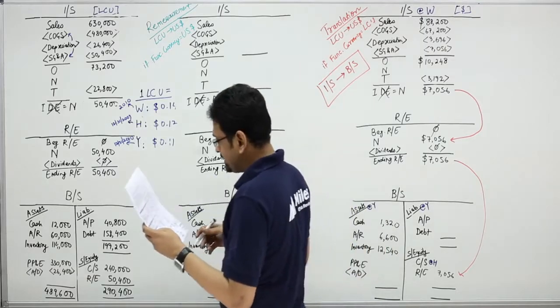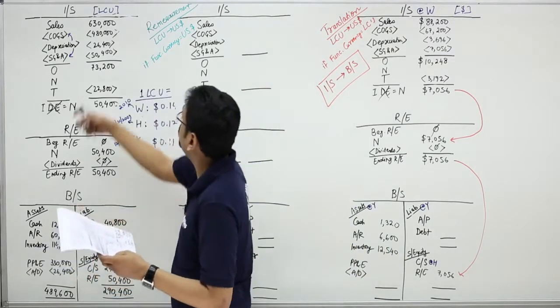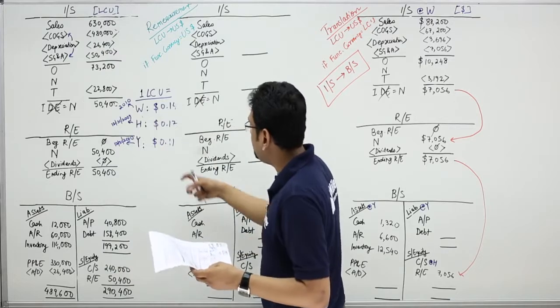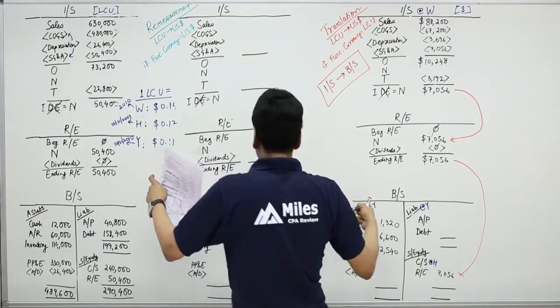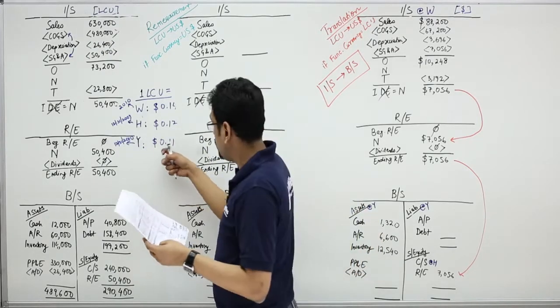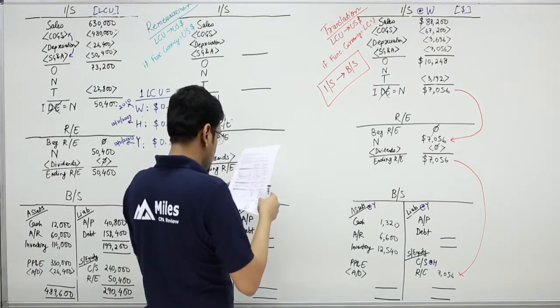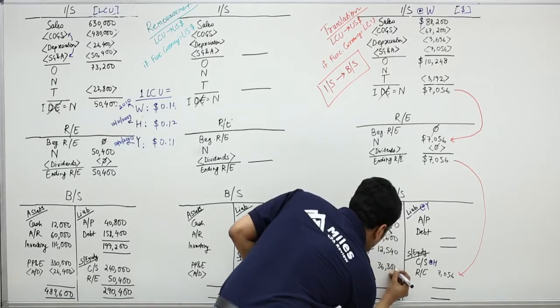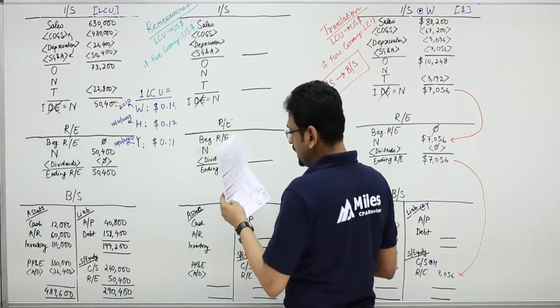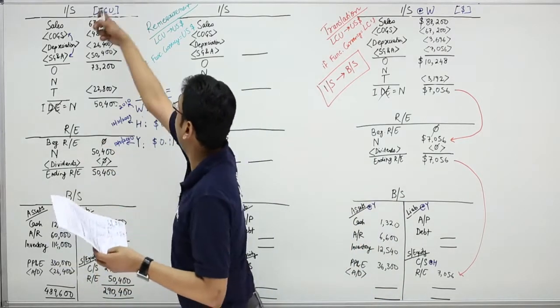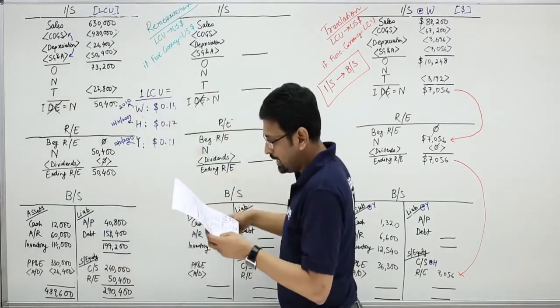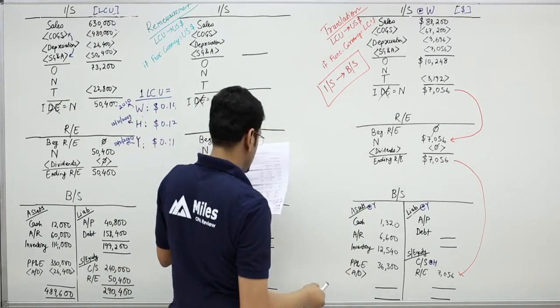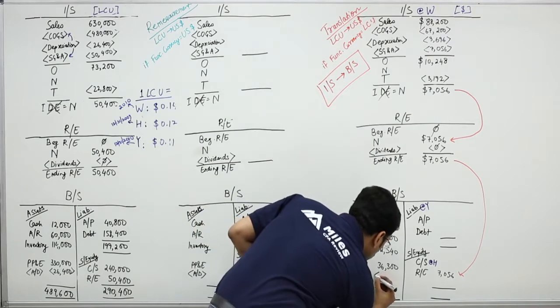PP&E, fixed assets, that's 330,000 local currency unit multiplied by 11 cents, because guys, we are looking at the year-end exchange rate, right? So 11 cents gives us 36,300. Then net of accumulated depreciation, 26,400 local currency unit multiplied by 11 cents. That gives us 2,904 contra asset.